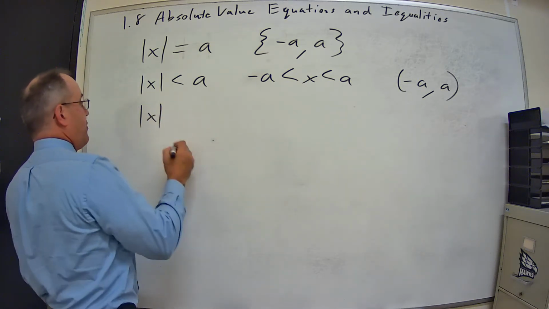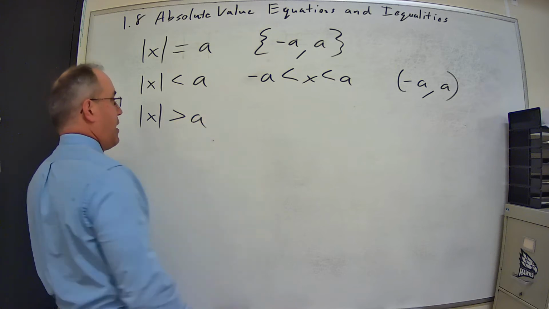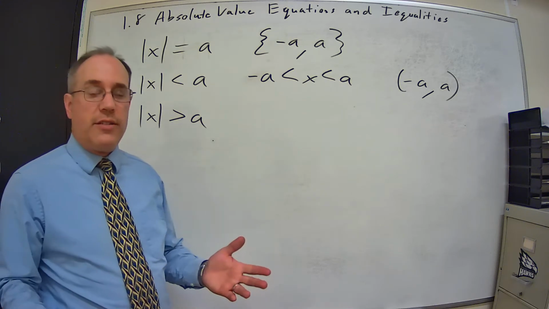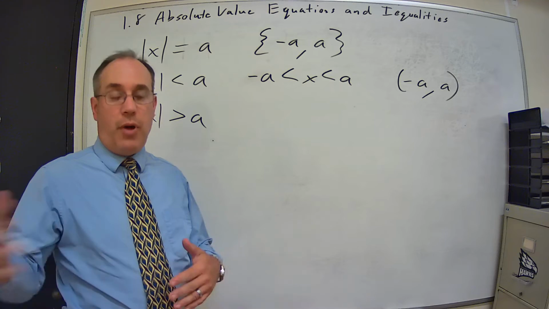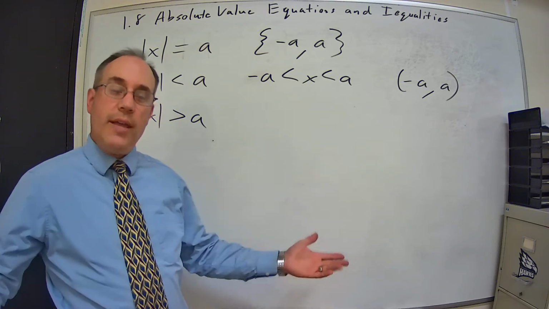If I take the absolute value of X is greater than A, now we're looking on both sides of the number line, positive or negative, and saying it's farther away than that amount.